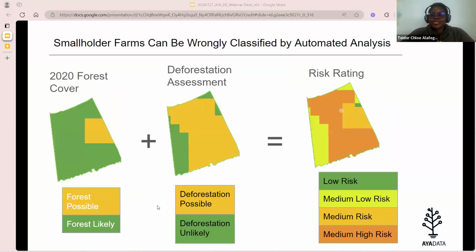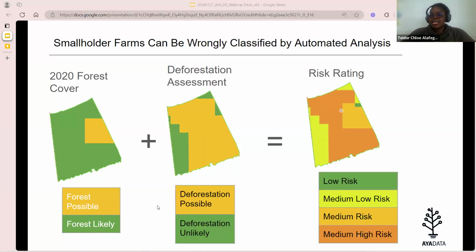This polygon shows the possibility of a large forest cover at the end of 2020, which is the cutoff period for the regulation. The deforestation assessment based on this information showed a high chance of the said forest experiencing some loss between 2020 and 2024. Hence, the risk rating you see on the screen here sports a large chunk in the medium-high risk category.